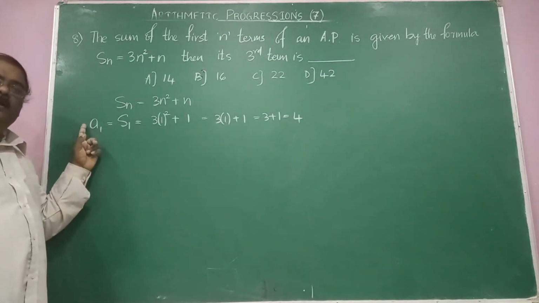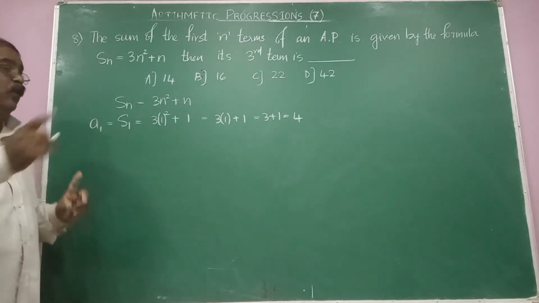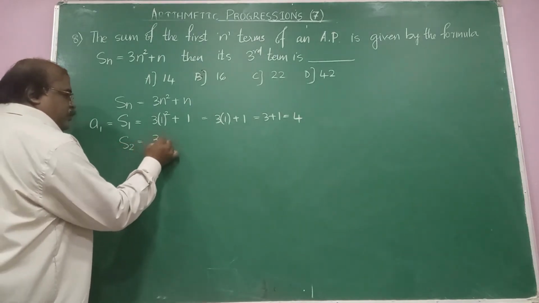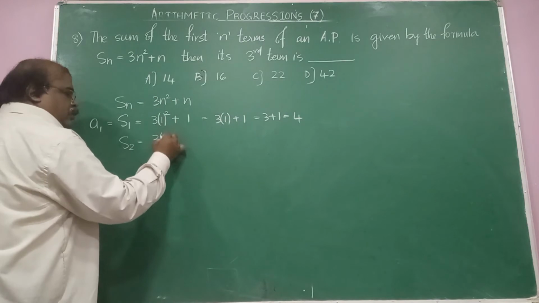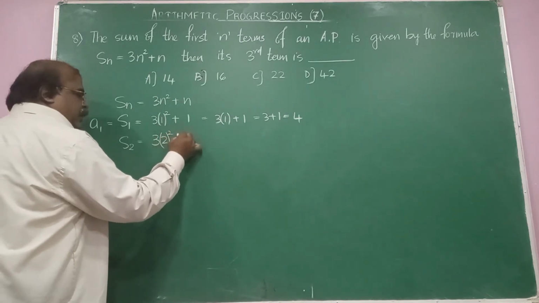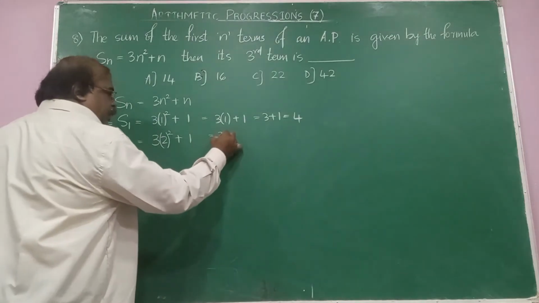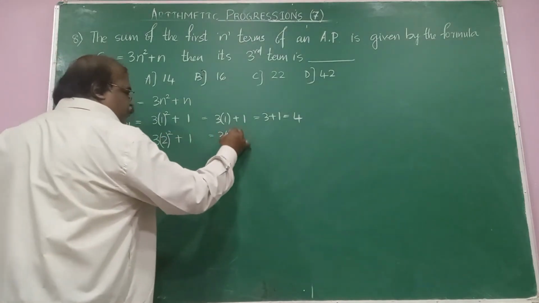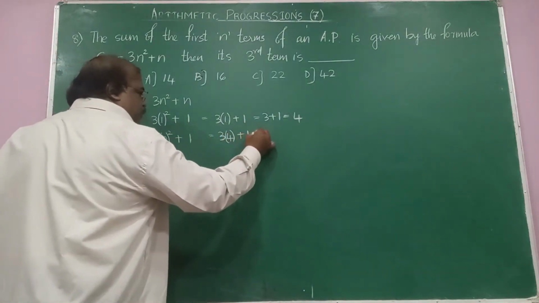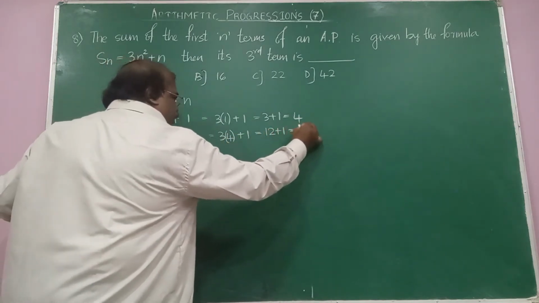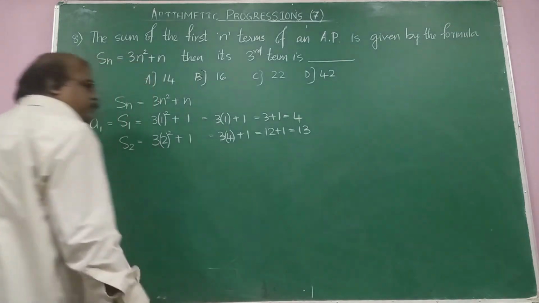S1 and A1, one and the same. Now what is S2? S2 is 3 instead of n, 2 the whole square, plus 1. So you get 3, 2 the whole square is 4, plus 1. So 3 4s are 12 plus 1, that is 13.